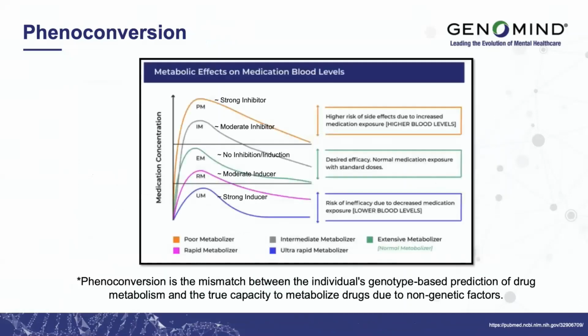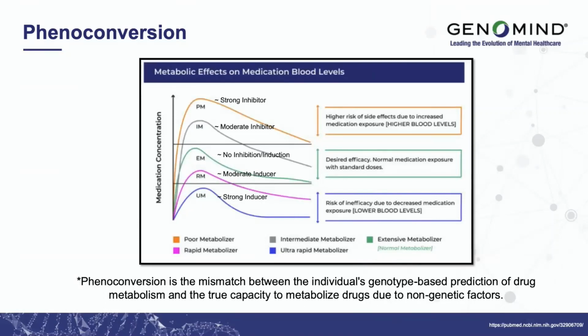Okay, how do we compare these genotypes and phenotypes to inhibitors and inducers? Well, we generally treat extensive metabolizers the same as if there was no other inhibitor or inducer on board. We generally treat intermediate metabolizers as if we would a moderate inhibitor.